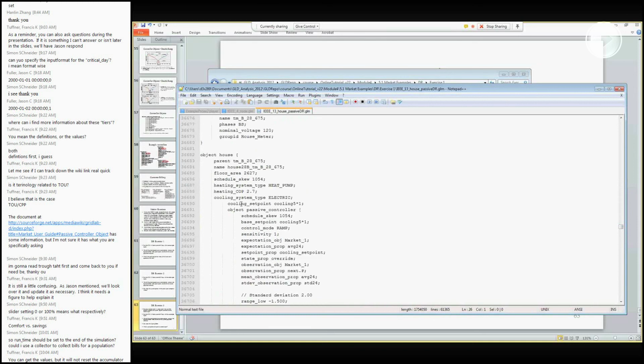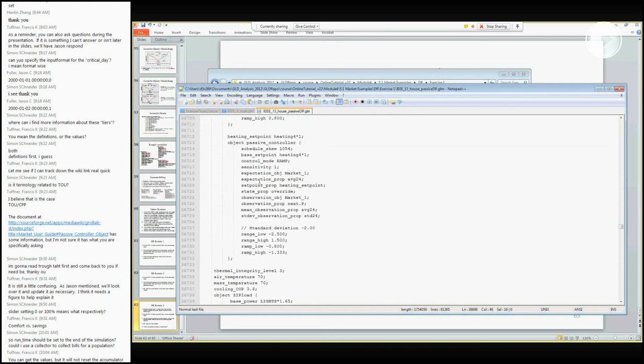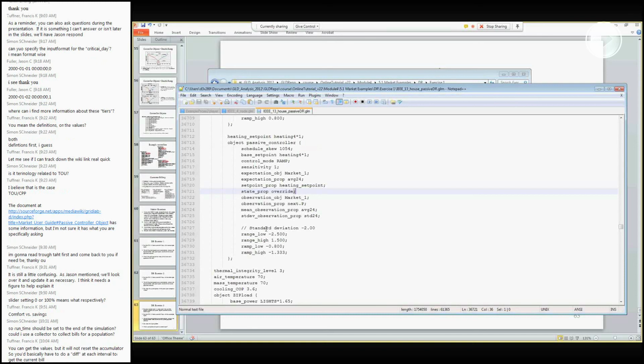It has a cooling type electric, so it's a heating type heat pump. But in this case, it has a passive controller that is going to be doing some kind of modification on the cooling set point, and then again for the heating set point. So in here, you can see all the different ways that we've put these different things together by looking at the different examples that are in here.